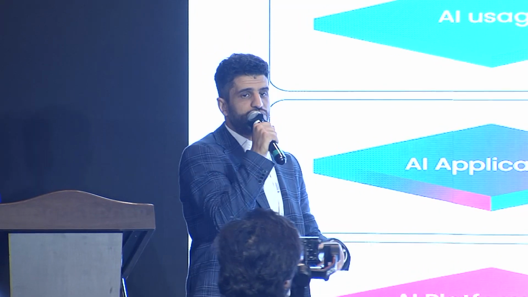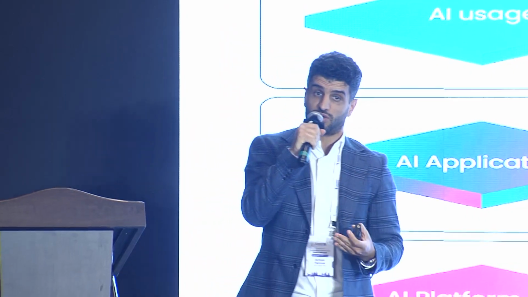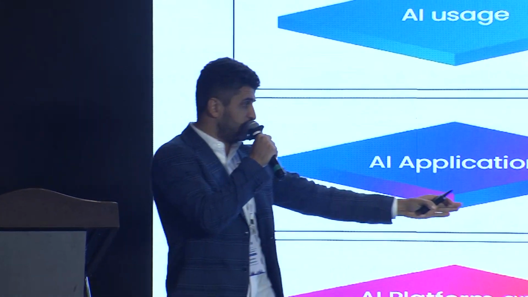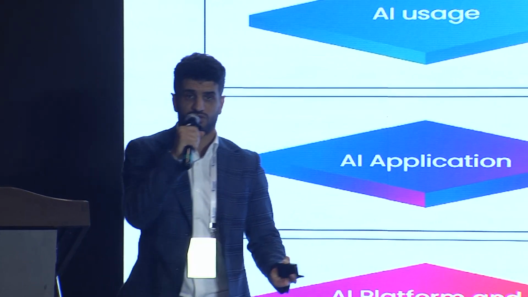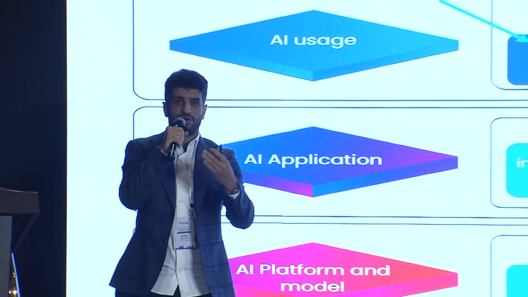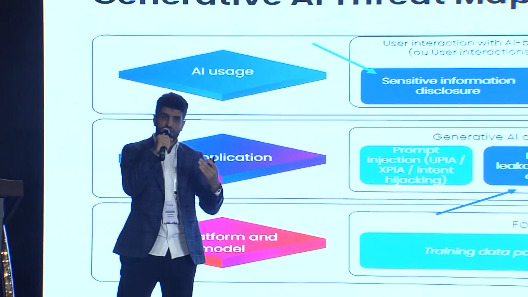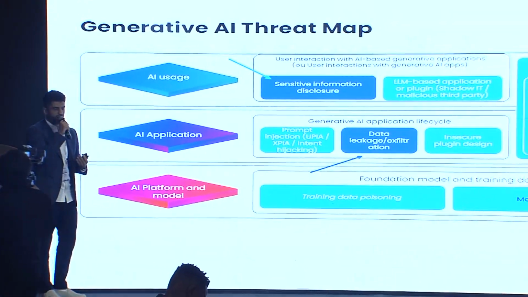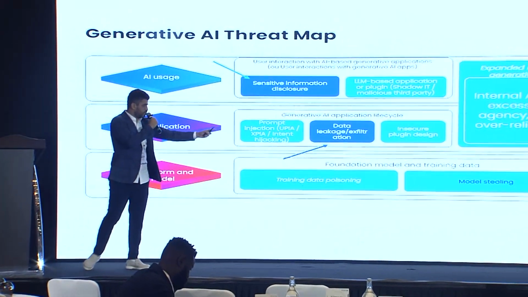So if you have some insecure plugin design in your Gen AI, okay, be careful about that. And we have the platform. The platform is the training data poisoning. So if you have your own LLM, I can make some poisoning behind your LLM directly, and you can have some isolation. And the model stealing as well.